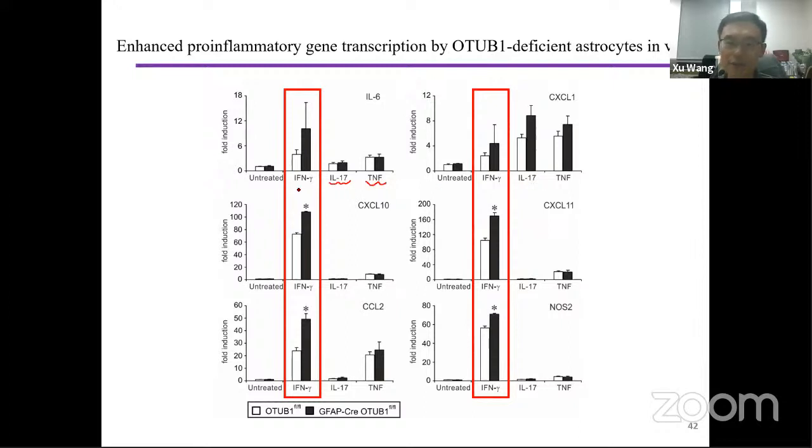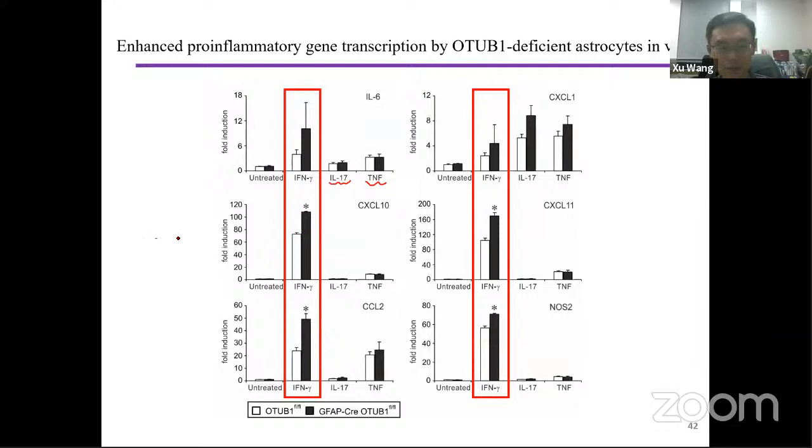IL-17, TNF, and interferon gamma are fingerprint cytokines secreted by autoimmune T cells during MS and EAE. And from this result, we can see that OTUB1 only inhibits interferon gamma-induced astrocyte activation.